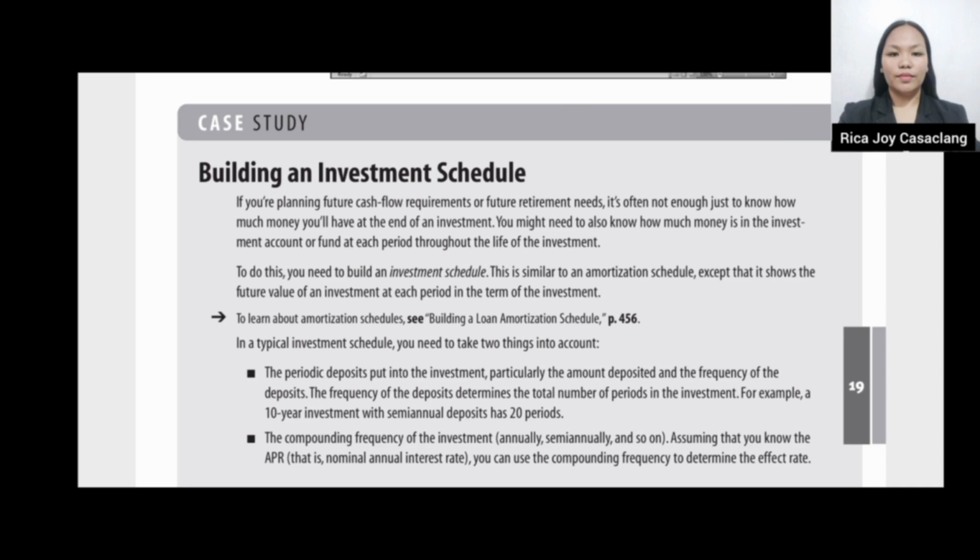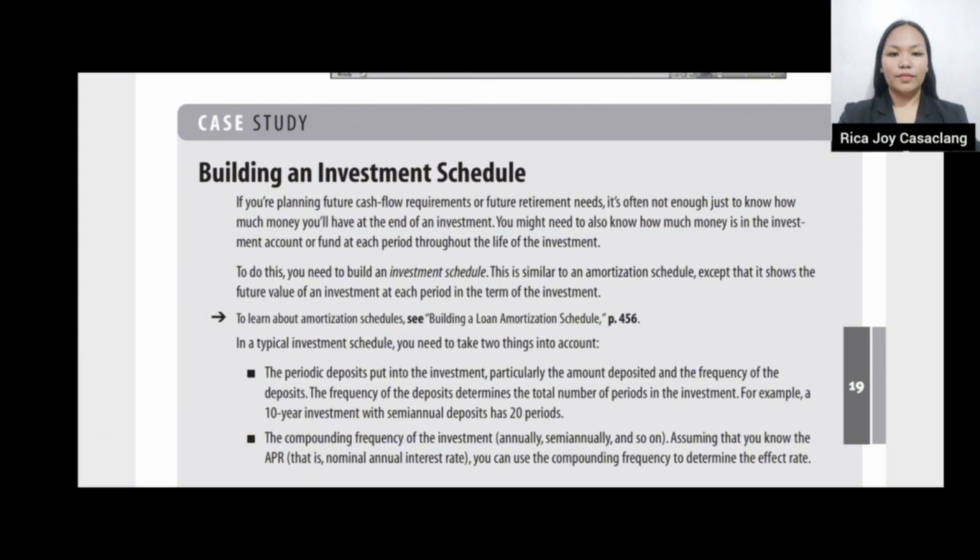monitor growth over time, plan withdrawals if needed, adjust contributions based on financial goals. By tracking your investment periodically, you gain better control over your financial future and make informed decisions about saving and spending. To do this, you need to build an investment schedule.